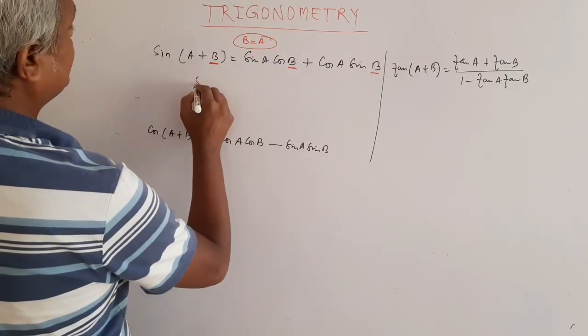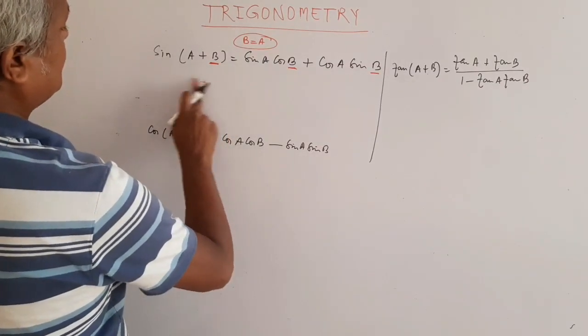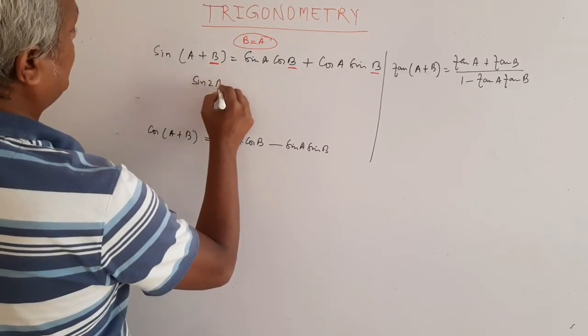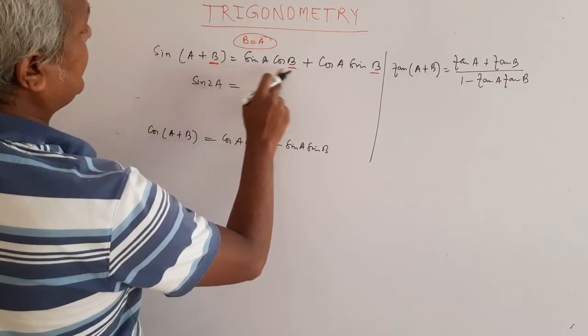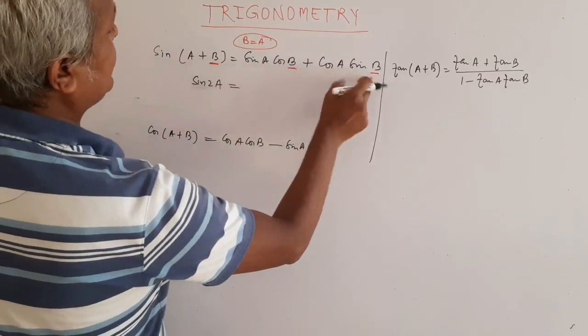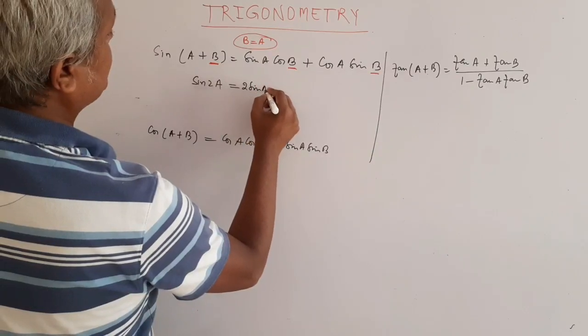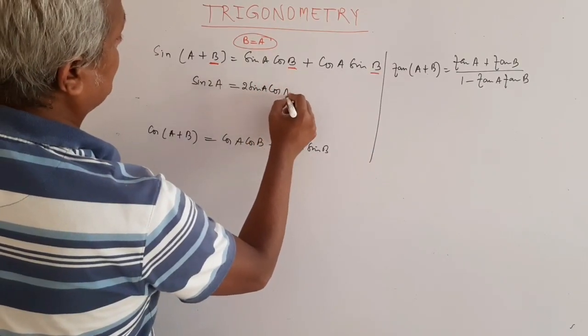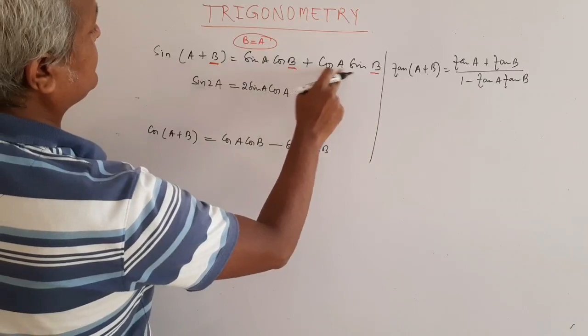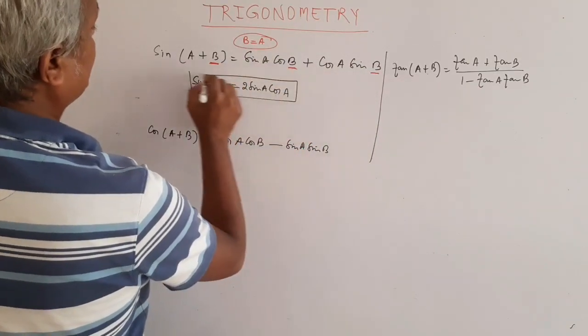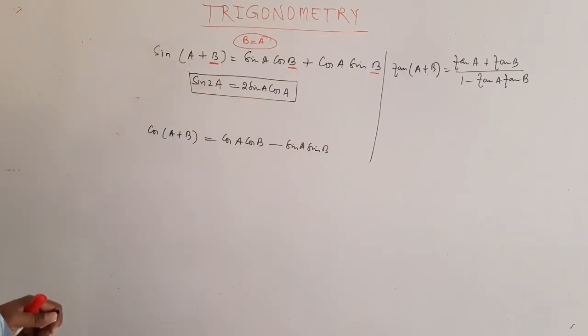So you get sine 2a is sine a cos a plus cos a sine a. So these two are the same, and become 2 sine a cos a. So you get a new formula: sine 2a is 2 sine a cos a.